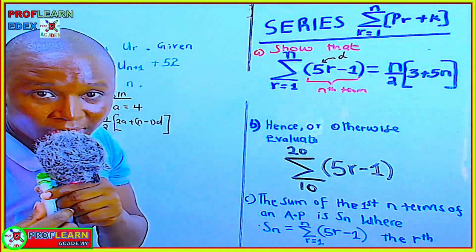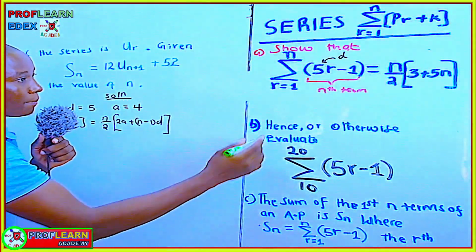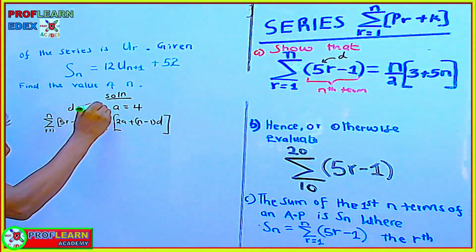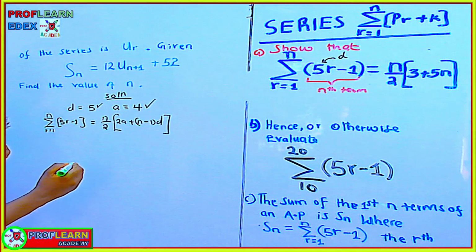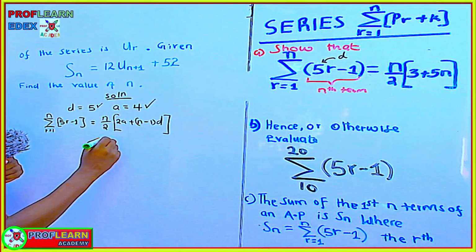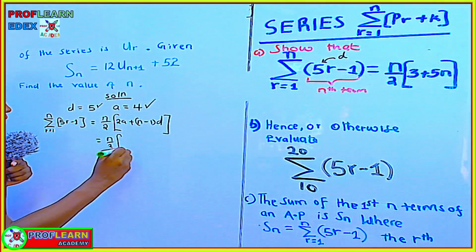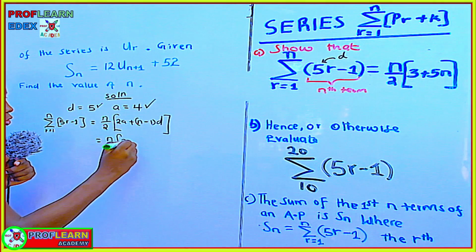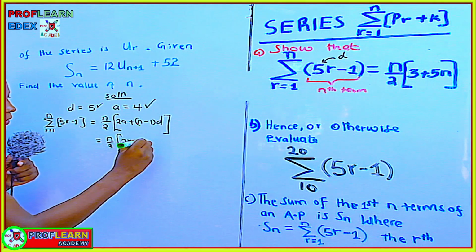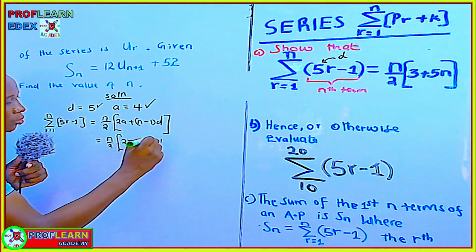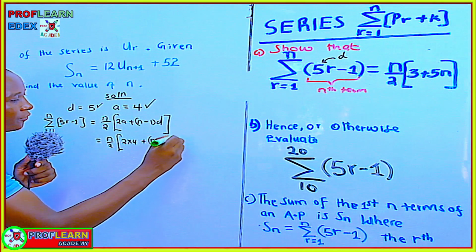Once we have identified that, we can substitute our common difference and our first term. That is going to be n over 2 into bracket 2 times 4, plus n minus 1 into the common difference, which is 5.